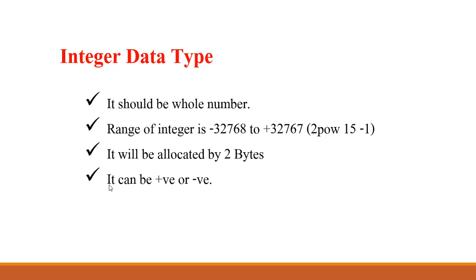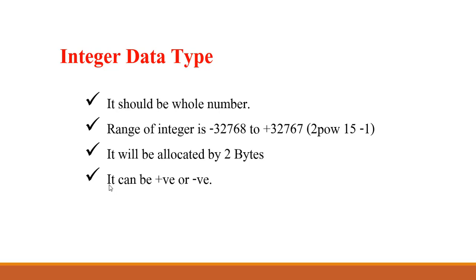Here also, same thing. Integer is a number, a numeric constant. It doesn't accept any decimal values. It should be a whole number, like 10, 100, 1000, minus 10, any number. If you give decimals, it won't accept them. For example, 10.4: it omits 0.4 and takes 10 only.